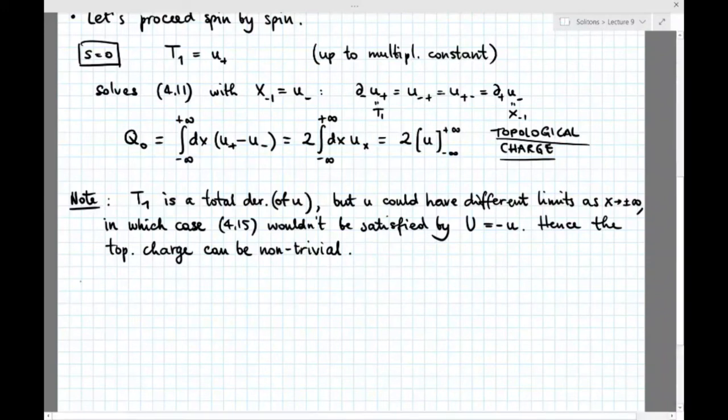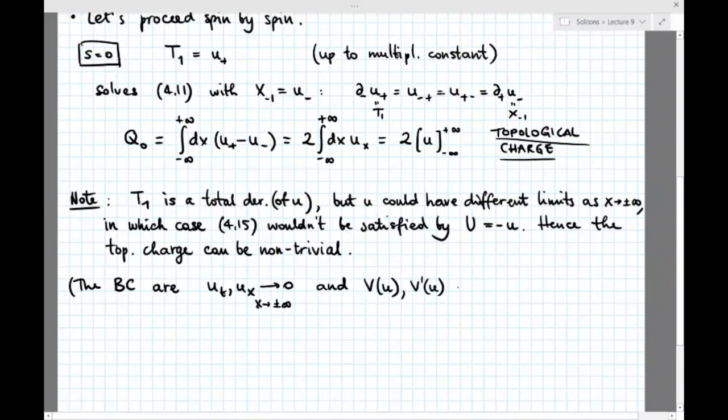So to be totally clear, notice that the boundary conditions, which follow from the general form of the energy, are that u_t and u_x go to 0 at spatial infinity, but also the scalar potential and its first derivative must go to 0 at spatial infinity.